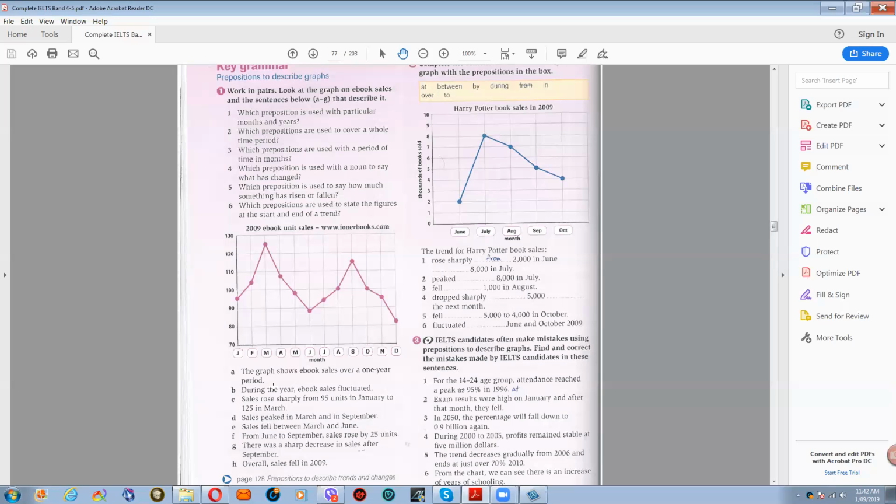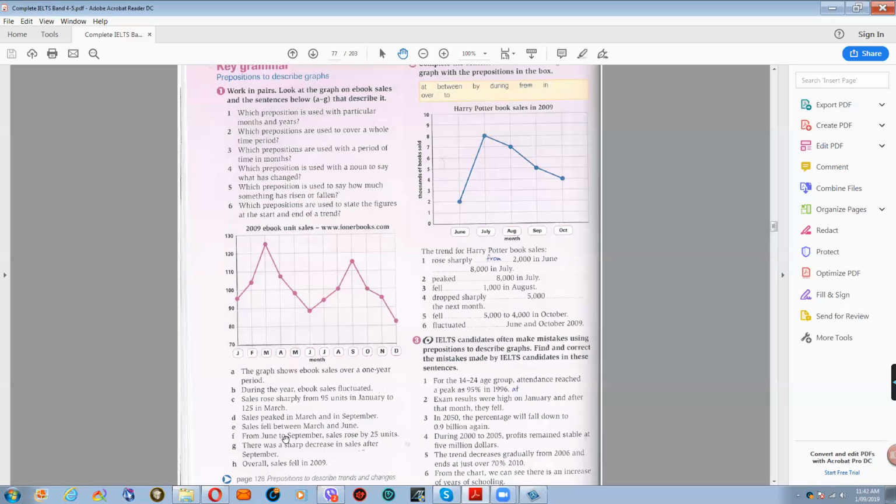From and to. Which preposition is used with a noun to say what has changed? Between. No, because between doesn't say what changed.